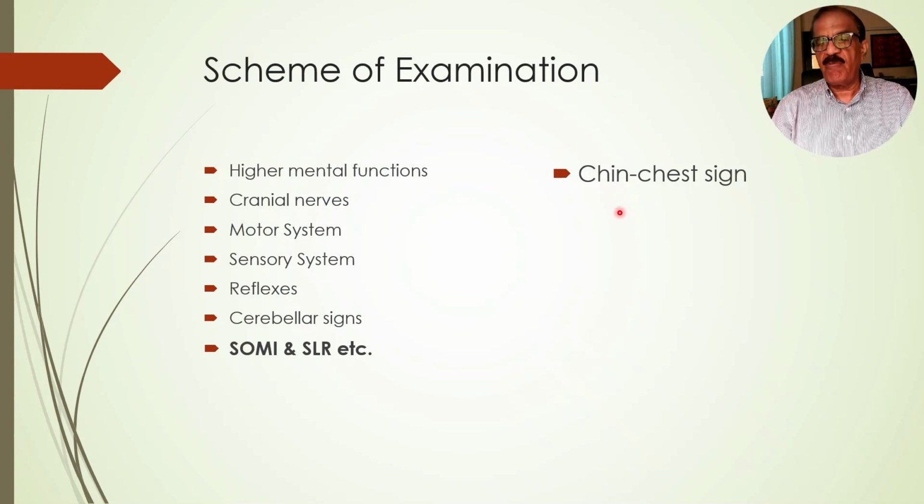Signs of meningeal irritation may be positive. So what are those tests? One thing is, if the patient is conscious and oriented, you can ask him or her to touch the chin to the sternum. A normal person should be able to do it without any difficulty, but if that is abnormal, that could indicate irritation.